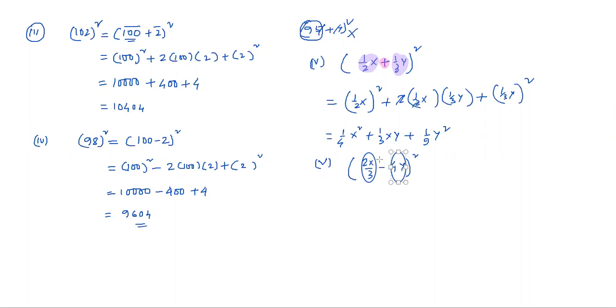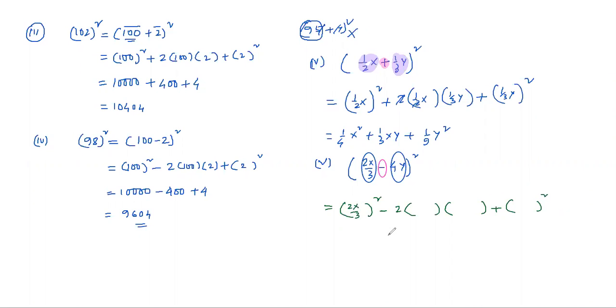So if minus is there, it means you are going to apply the a minus b whole square formula. So it is the place for a square minus twice a b, and then plus it is the place for b square. Now go on giving the input values.